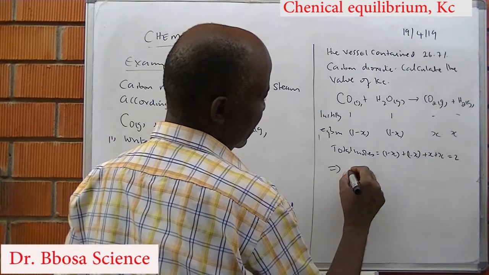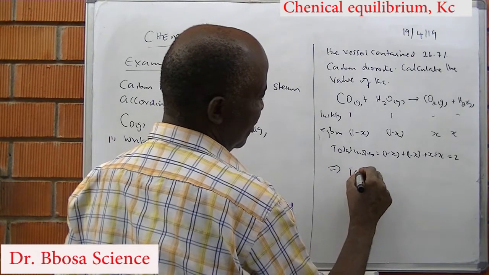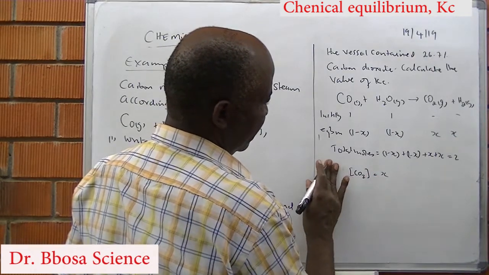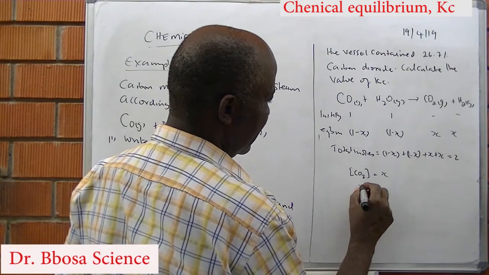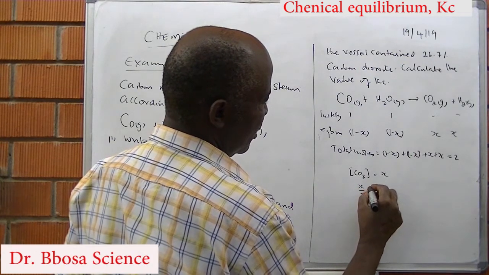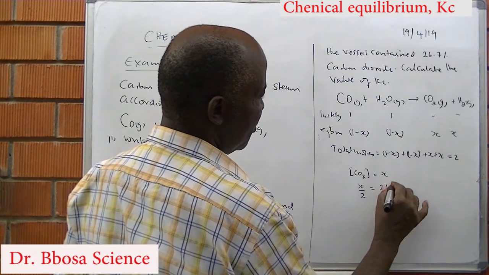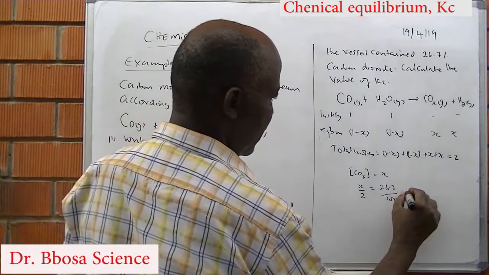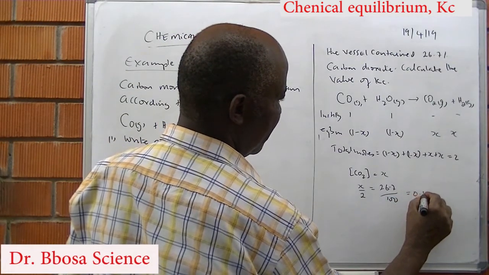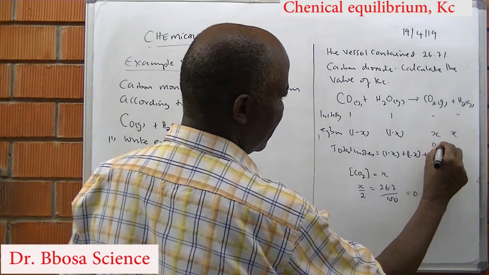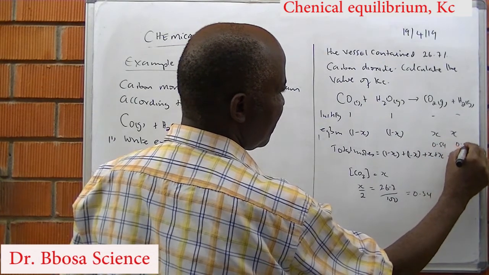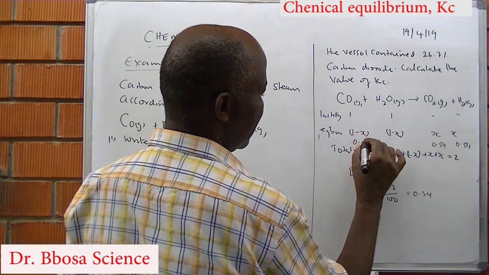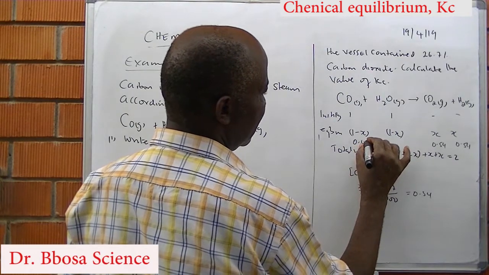It implies that concentration of carbon dioxide is equal to X, and X over 2 is equal to 26.7 over 100%, which is equal to 0.54. When this is 0.54, this is 0.54. 1 minus 0.54 becomes 0.46.